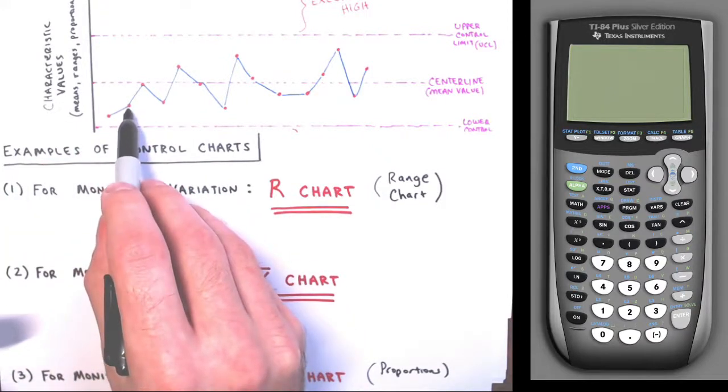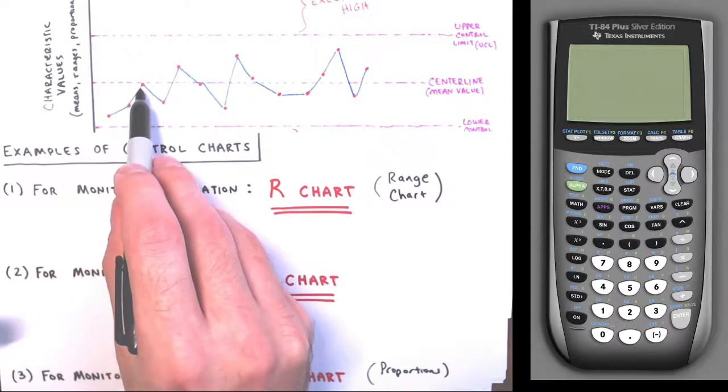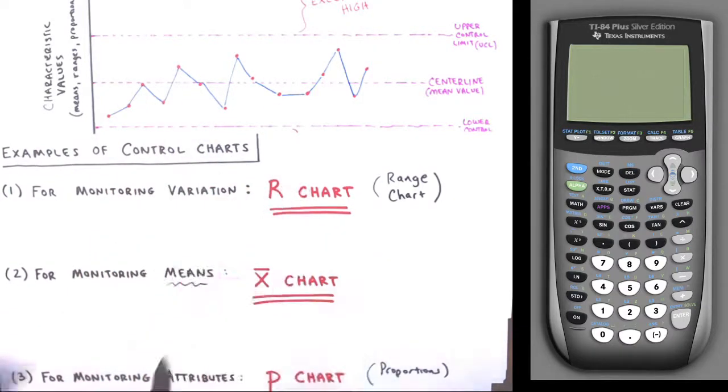I take another 30 car radios I produced, determine what percentage, what proportion of those are defective, and record that. And do the same thing the next day, the next day, the next day, and that would create for me a P chart. And then we'll look at that P chart and determine if this manufacturing process is in statistical control or not. All right.